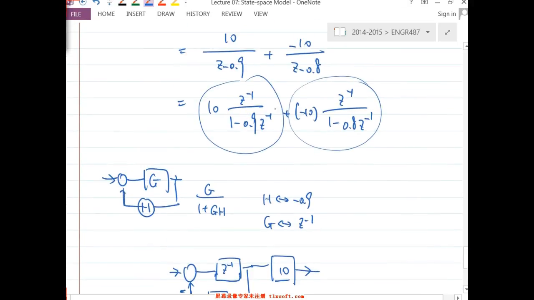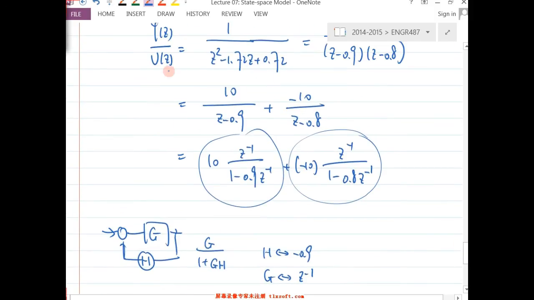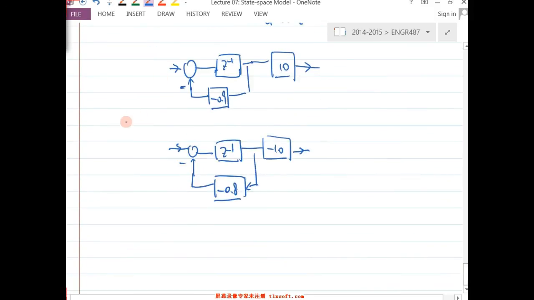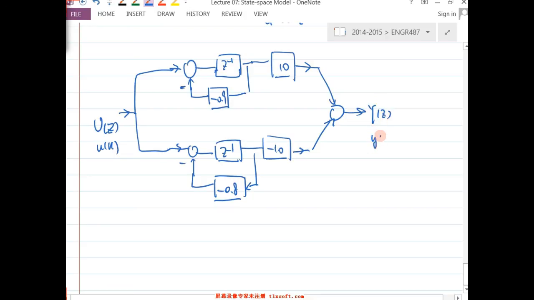So you have the input u of z, or u of k, given to both of these blocks, and the output here is the addition of these two, which gives you y of z, or y of k.